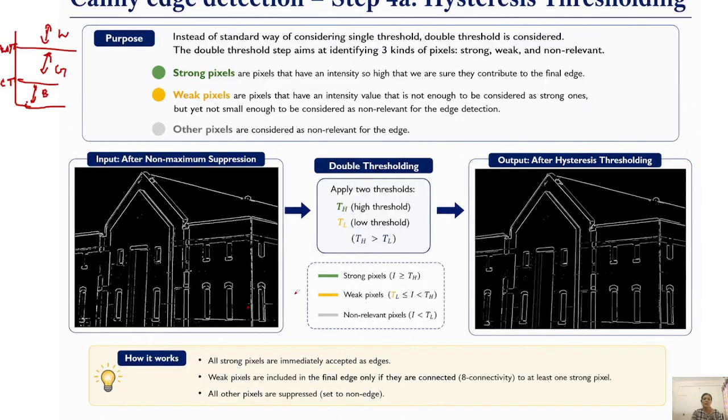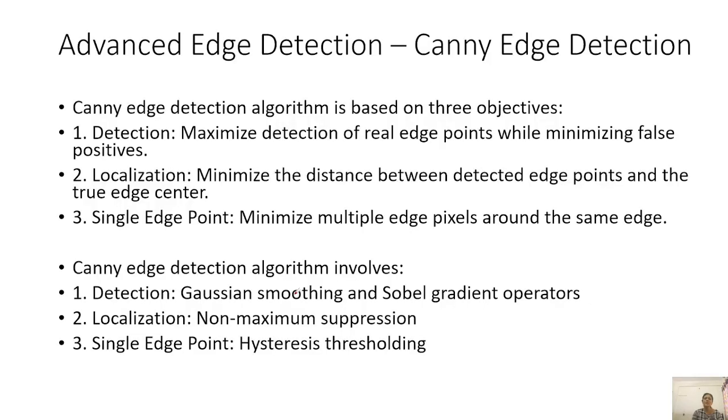Basically, we'll see once again and remind ourselves what the Canny edge detection algorithm is. In Marr-Hildreth we are doing only detection, but here we are doing the localization and the single edge point. The detection is done with the help of Gaussian smoothing and the Sobel operator.